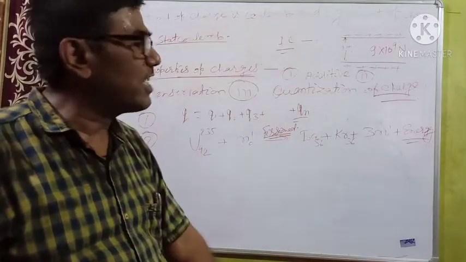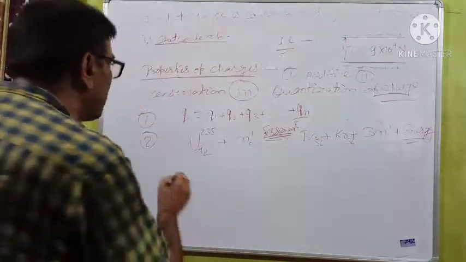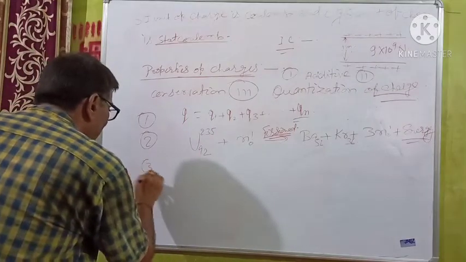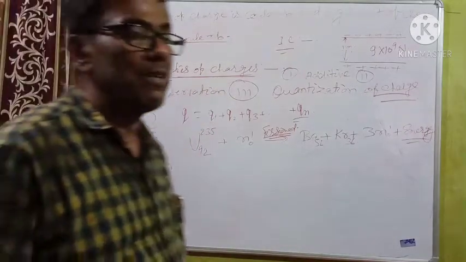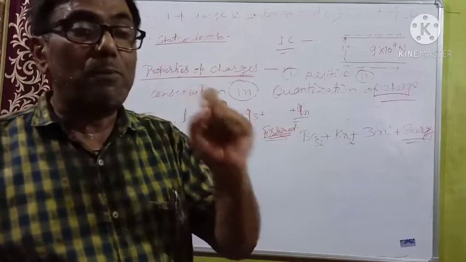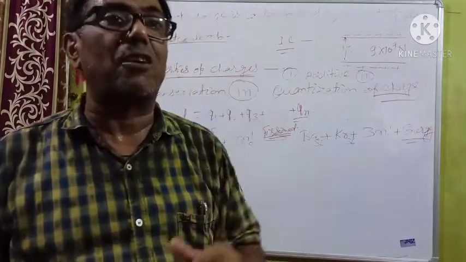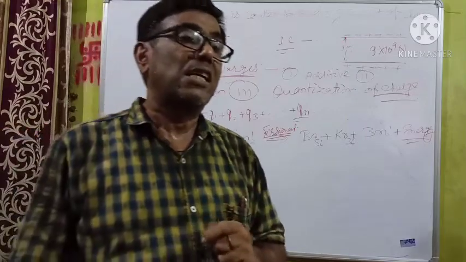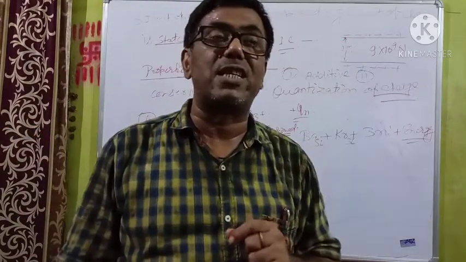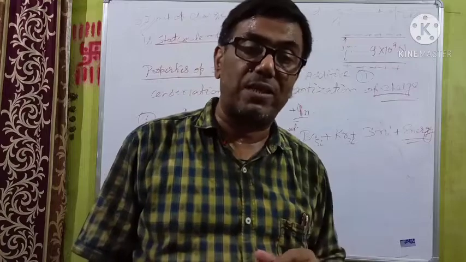Third, quantization of charge. Quantization of charge means the charge is an integral multiple of the basic charge. The net charge is equal to an integral multiple of charges, known as quantization of charges.